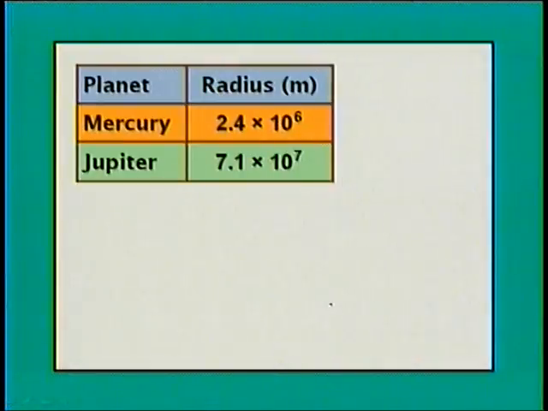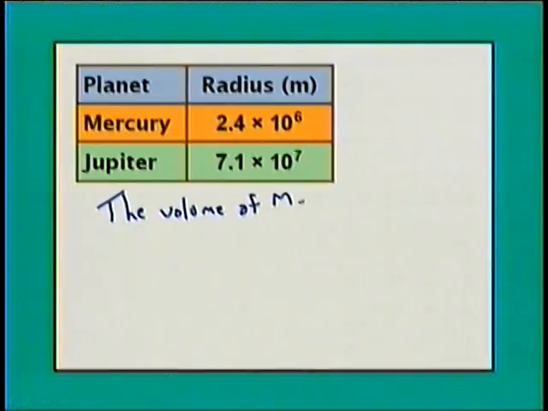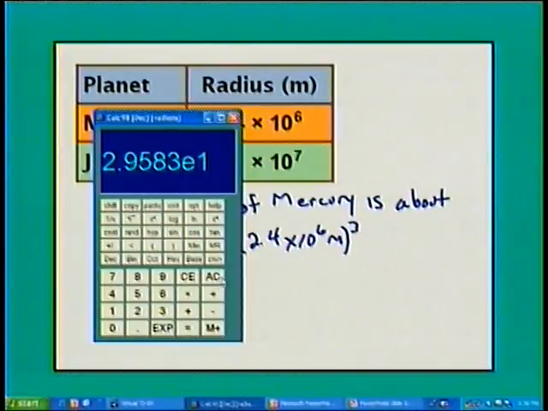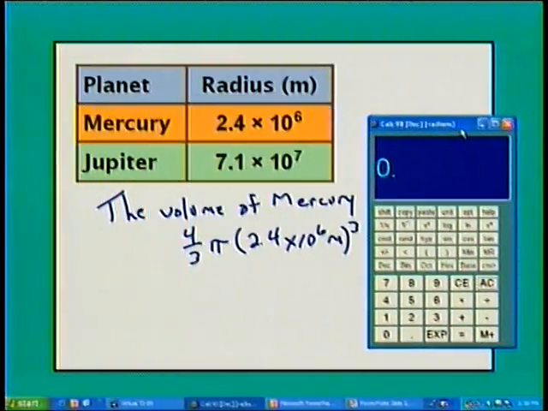The volume of Mercury is about 4/3 pi times 2.4 times 10 to the 6 meters cubed. So let's get out our calculator and calculate that. So I'm going to go ahead and take my 4/3 and put it inside parentheses.